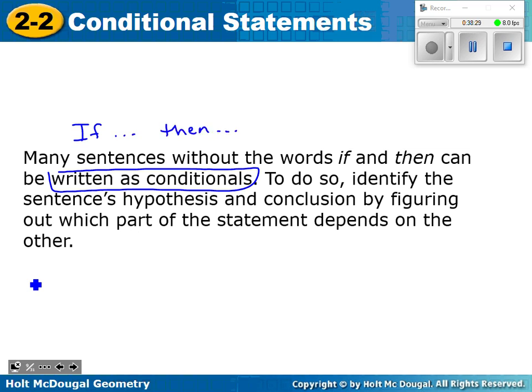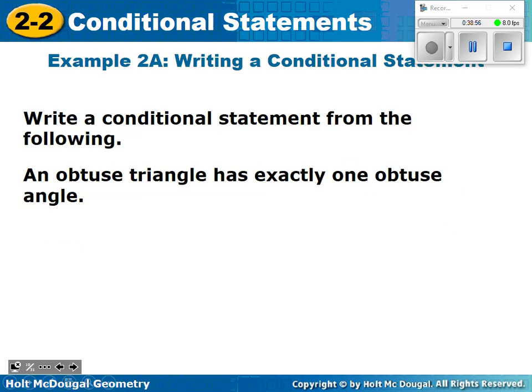So the way you do that is to first identify the subject, identify the sentence's hypothesis and conclusion by figuring out which part depends on the other. Okay? Which part of your statement depends on the other. So you're going to try to write your sentence, figure out what your subject is, and then identify what's your hypothesis and your conclusion.